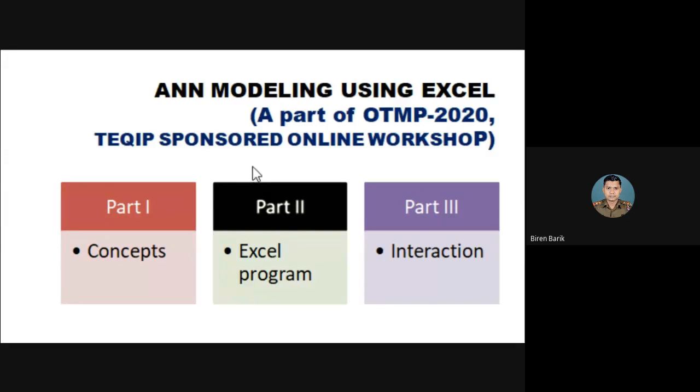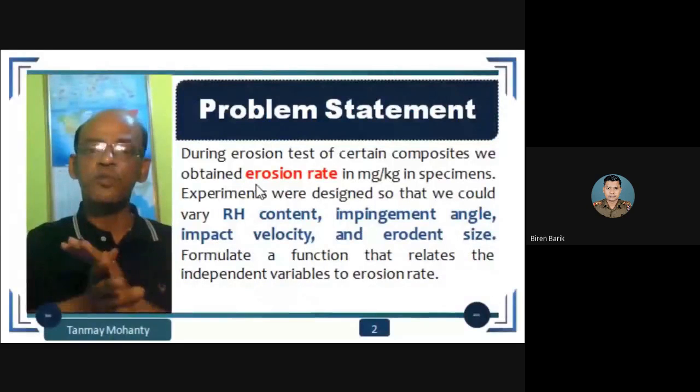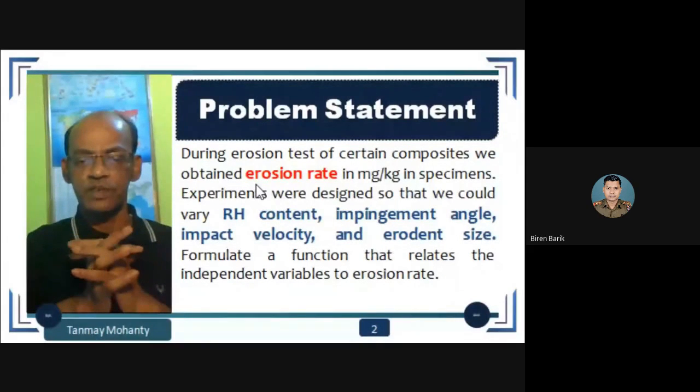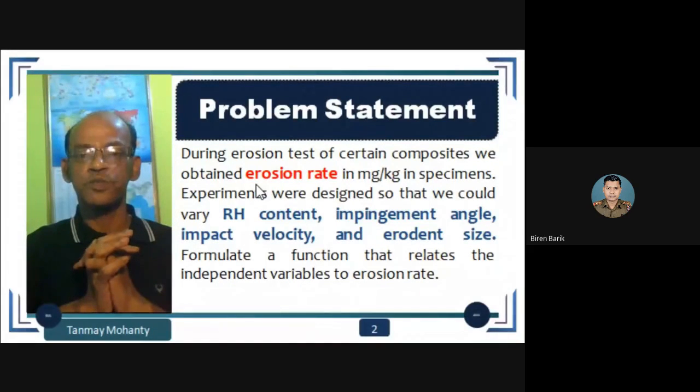So to start with, let us discuss one research problem related to manufacturing engineering. This research problem was solved by one of my faculty colleagues. The statement was, during erosion test of a certain composite, as we know, composites can be manufactured using different ingredients.